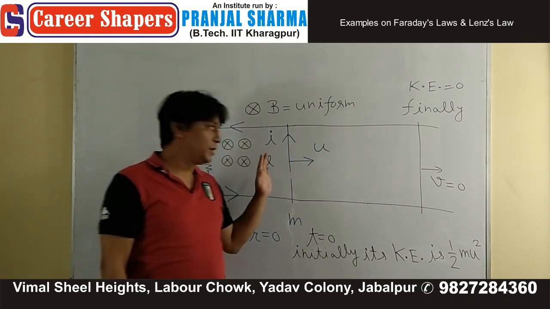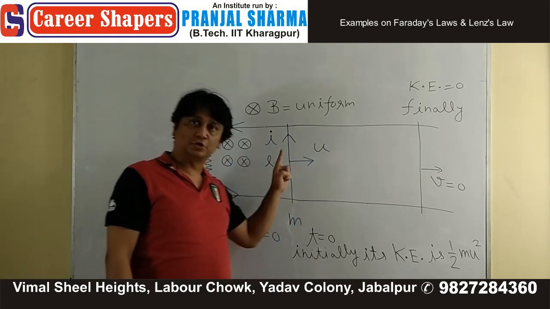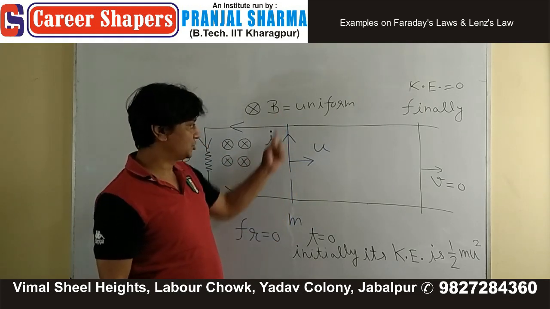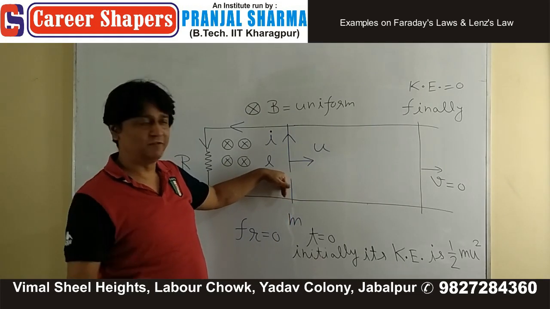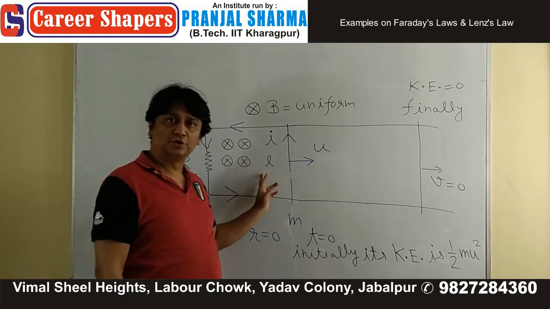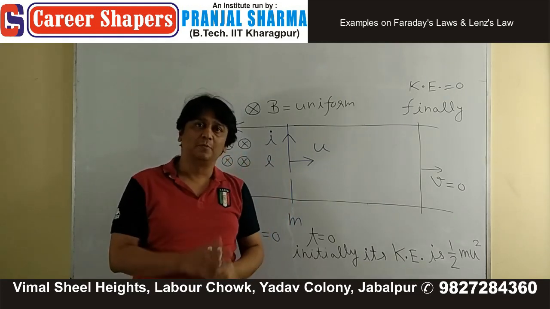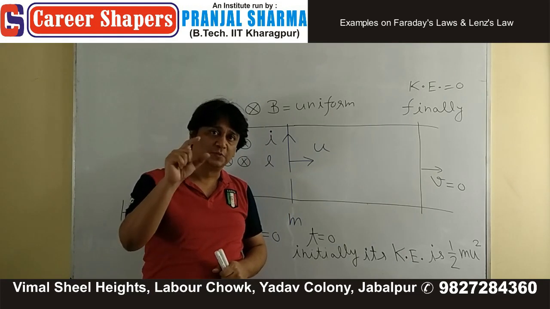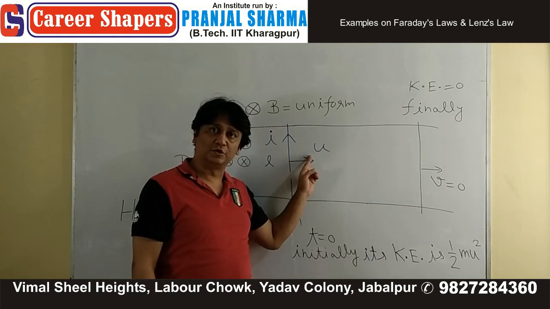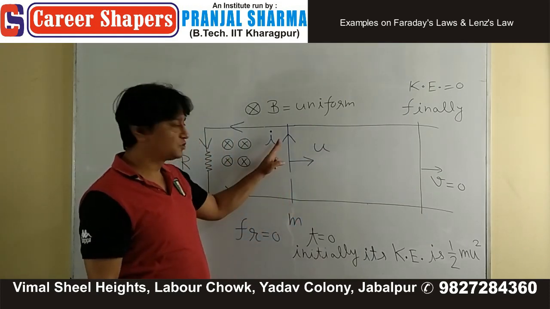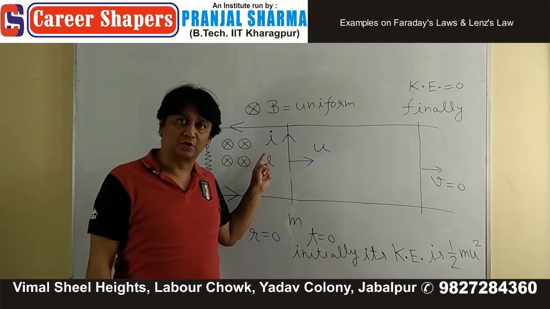So the moment you start moving this rod, electrons also start moving in this direction, developing a current. Basically, electrons are moving in the opposite direction. They are negatively charged. That means part of the energy is being shared by electrons now. So the energy coming from half mu square is being transferred to what? The current part, to the kinetic energy of moving electrons.